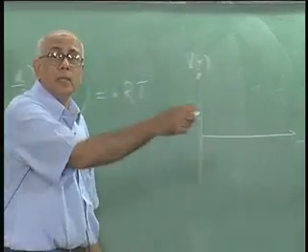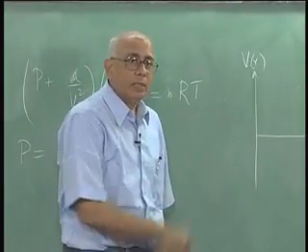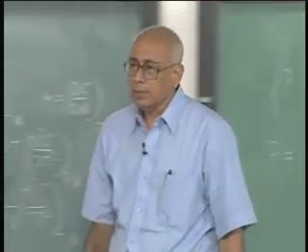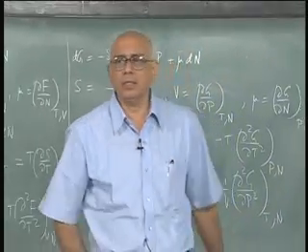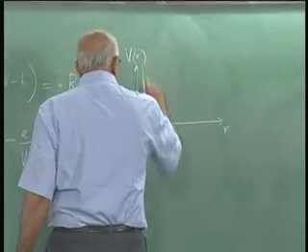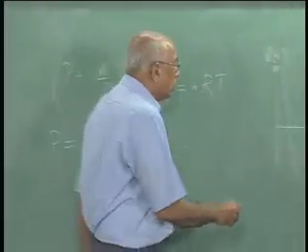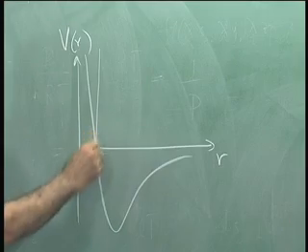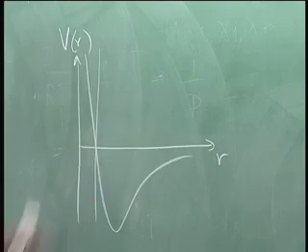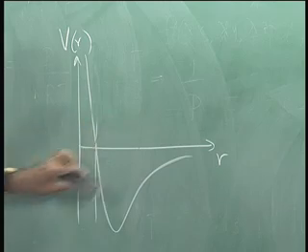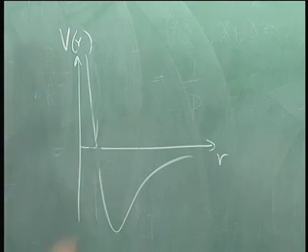due to another particle at a distance r from it, this intermolecular potential has a very generic shape independent of various other factors, and it is something like this potential. So this portion of this potential, and then here is a minimum.